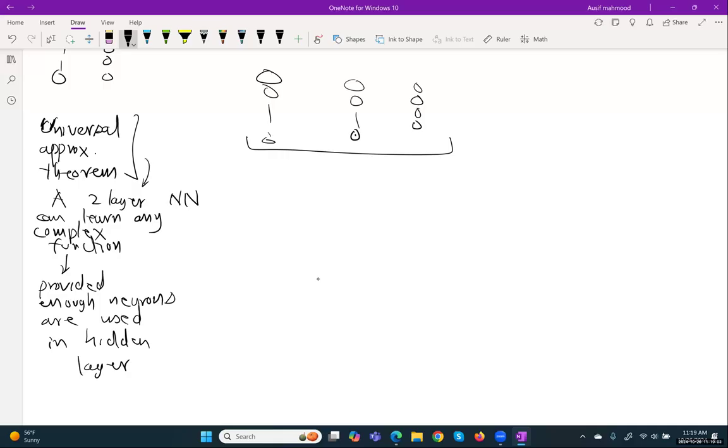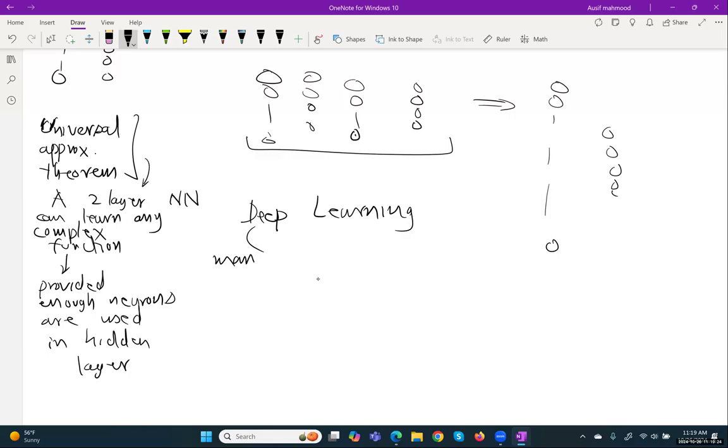But somebody, instead of these 4 or 5 layers, could have said, "Oh, just put this one and it will work equally well." That's what the universal approximation theorem says, right? So coming to deep learning, what do we mean by deep? Deep means many layers, okay?